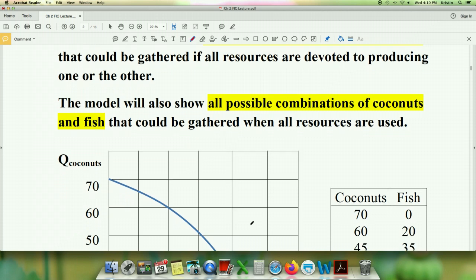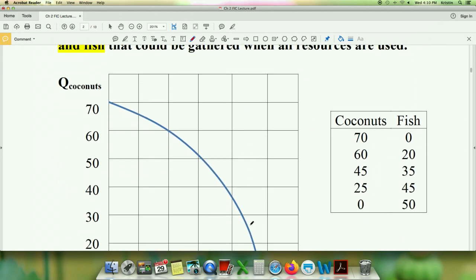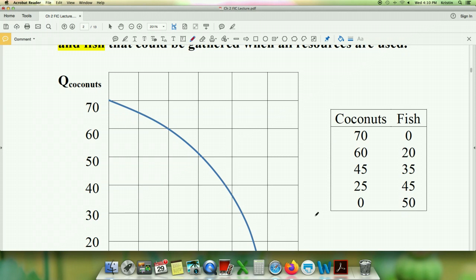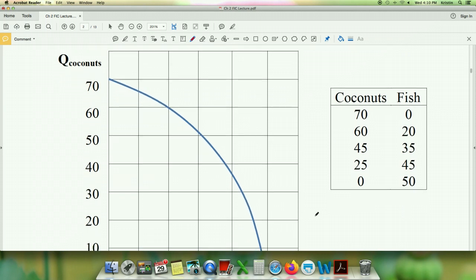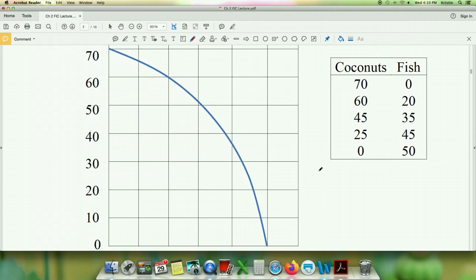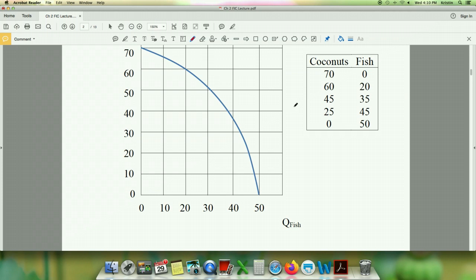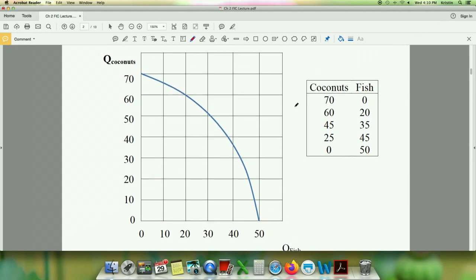Here we have a table, and then we're going to draw the graph. Looking at the table first, we have the different numbers of combinations of coconuts and fish that can be produced. What you want to do is just plot these points over on the graph.